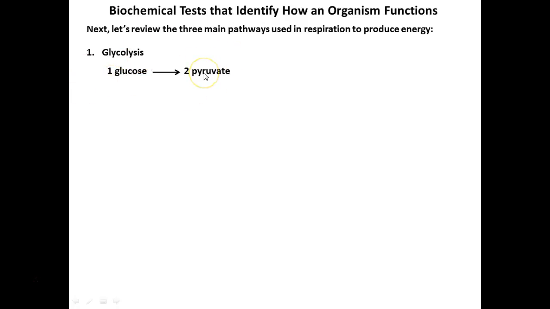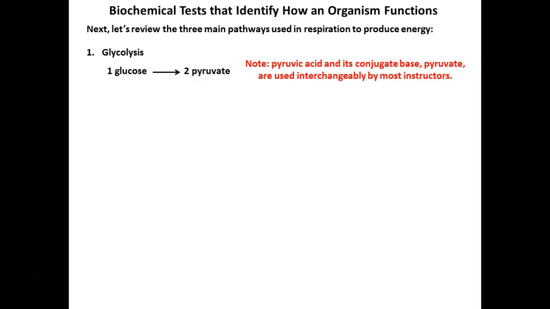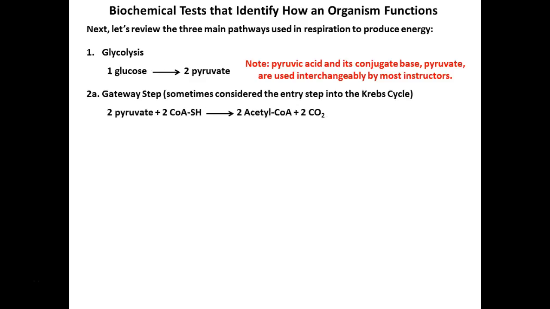We break it right in half into two molecules known as pyruvate, or sometimes also referred to as pyruvic acid. These are slightly different molecules, but at this level, a lot of people use them interchangeably. We're not going to get into the specific chemical differences, but know that they are slightly different. But in this case, pretty much the same.